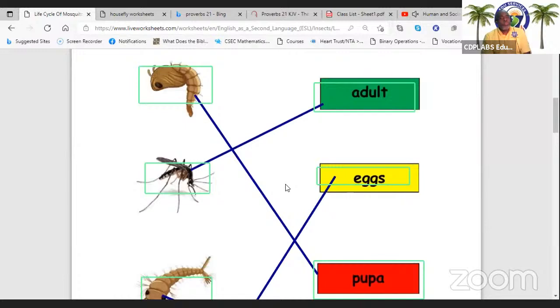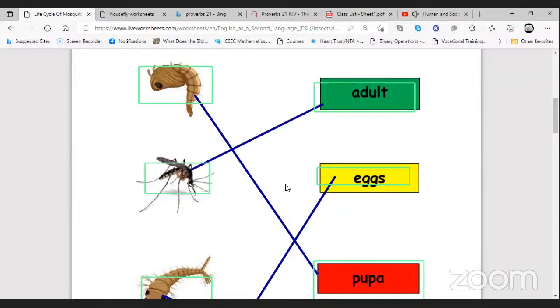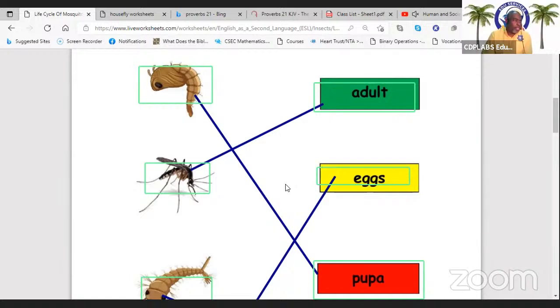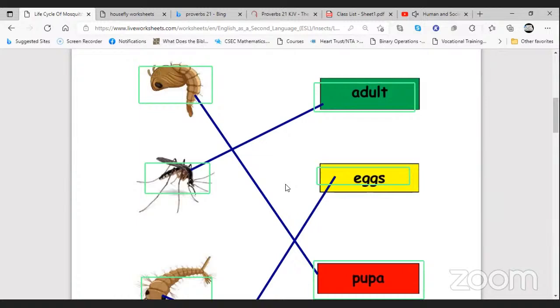So let's see how much you remember from the last class about this particular life cycle. Where does it start? It starts from the egg.